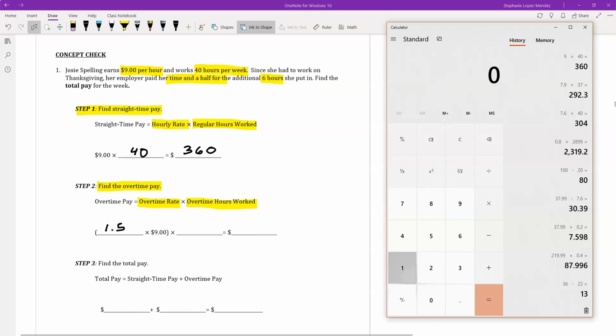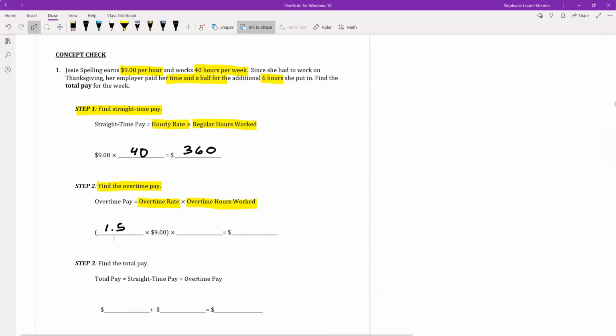And we have 1.5 multiplied by $9. That is 13.50. I'm going to write it right here as the result of that multiplication.